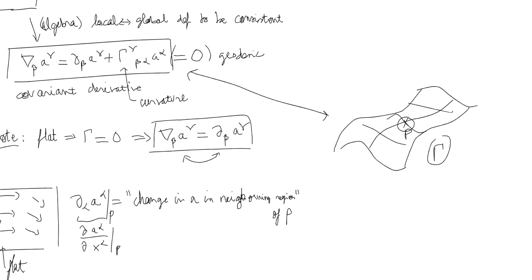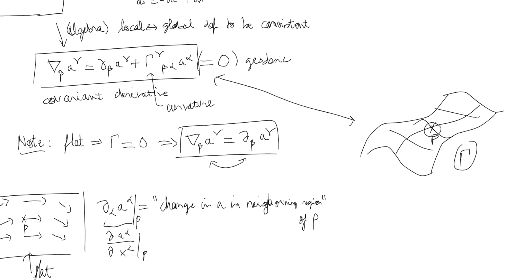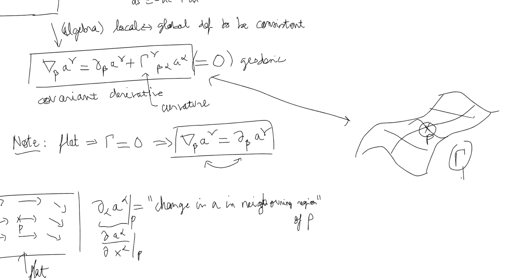So this is why you find again the Christoffel symbols in the covariant derivative. And the covariant derivative tells you how your vector field A changes in the neighborhood of P, accounting for the curvature of spacetime, because in this Christoffel are hidden the information of the metric ds squared, which is the geometry of your spacetime.